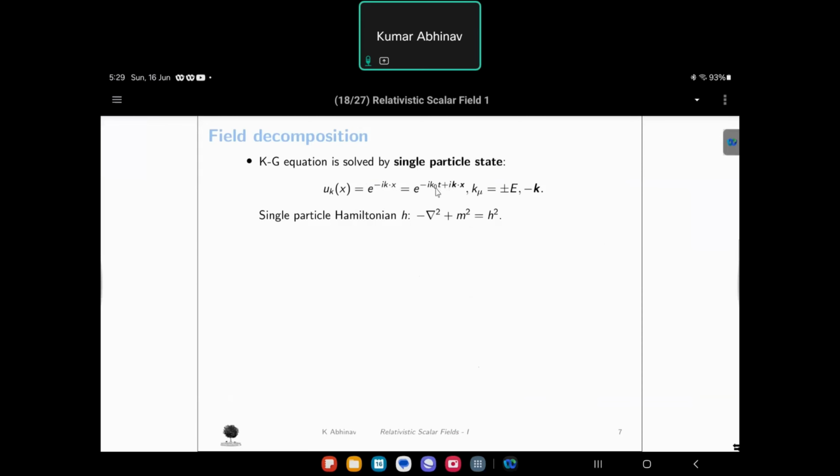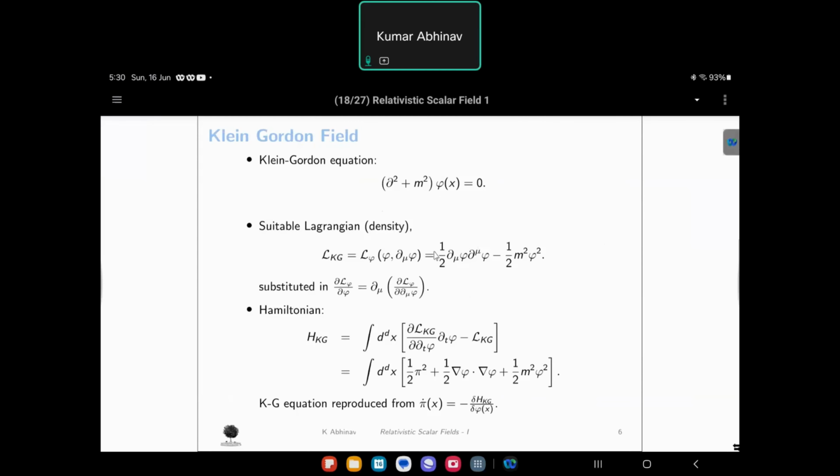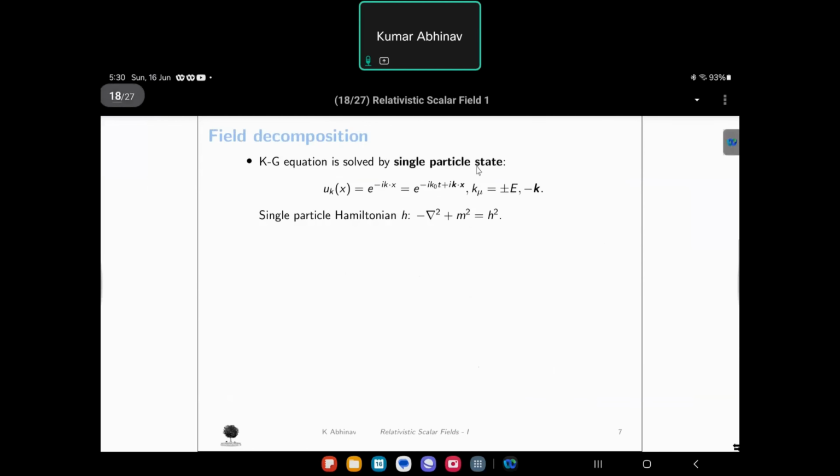K naught is the fourth component of the momentum, which is actually the energy of the system, and the momentum vector k, which is defined like this. Because it has a definite momentum, it's a single particle state, and you can readily see that if we go back to the Klein-Gordon equation, this single particle state easily solves it, following the relativistic relation between energy and momentum.